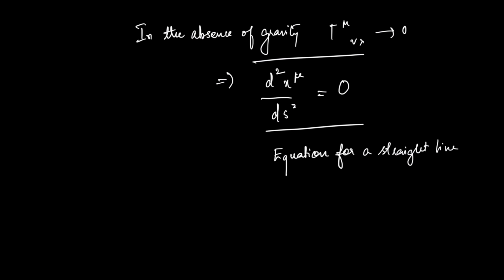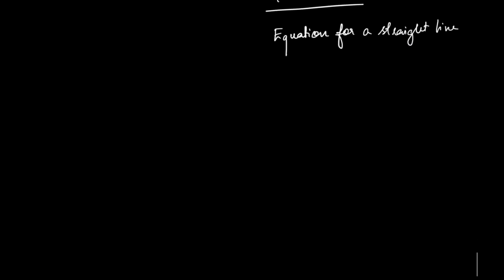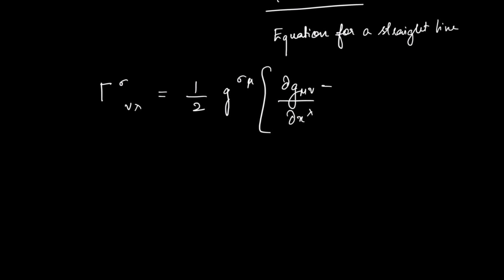Now, the Christoffel symbol of the second kind is the intensity of the gravitational field, and it is given by g sigma mu, then the partial derivative of g mu nu with respect to x lambda plus the partial derivative of g lambda mu with respect to x nu minus the partial derivative of g nu lambda with respect to x mu, right?